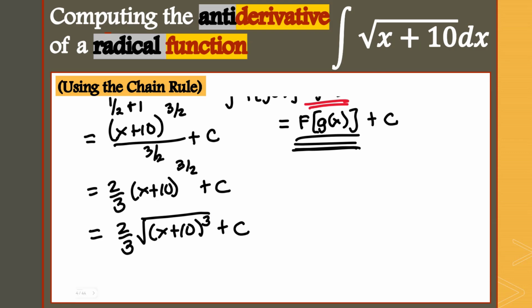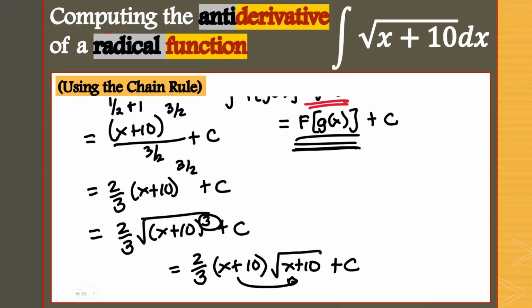You don't need to expand the form of the radicand, but of course you can move further into simplifying that. This becomes x plus 10 times a square root of x plus 10 plus c. This was actually taken out from here.